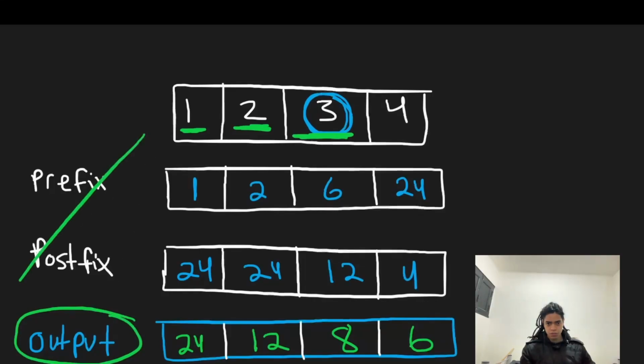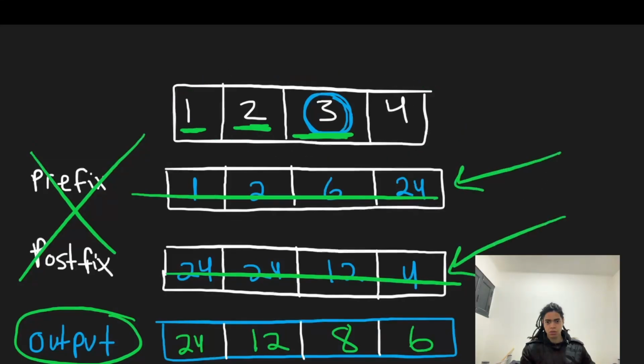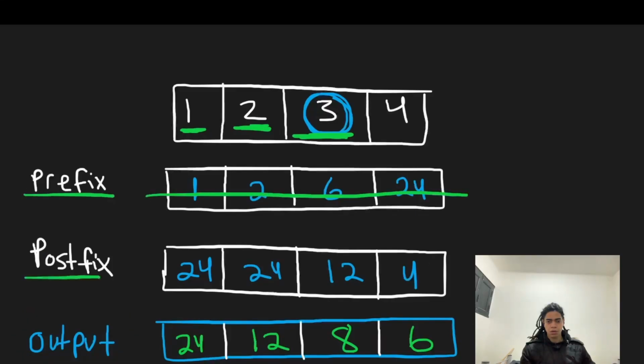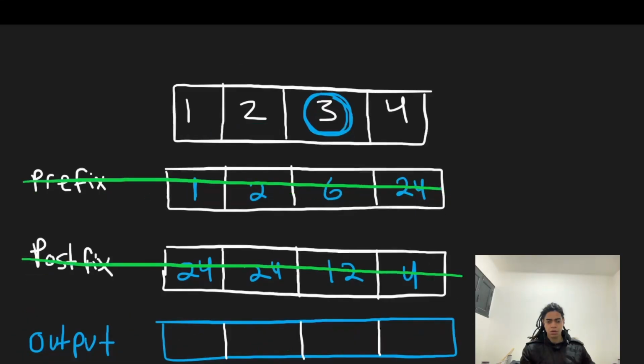So we actually don't need these prefix and postfix arrays, because we can compute these prefixes and postfixes and then store them in our output array, and that is going to make things easier for us because we're not going to have to use this extra prefix and postfix memory. So what we're going to do is 2 passes on our input array nums.